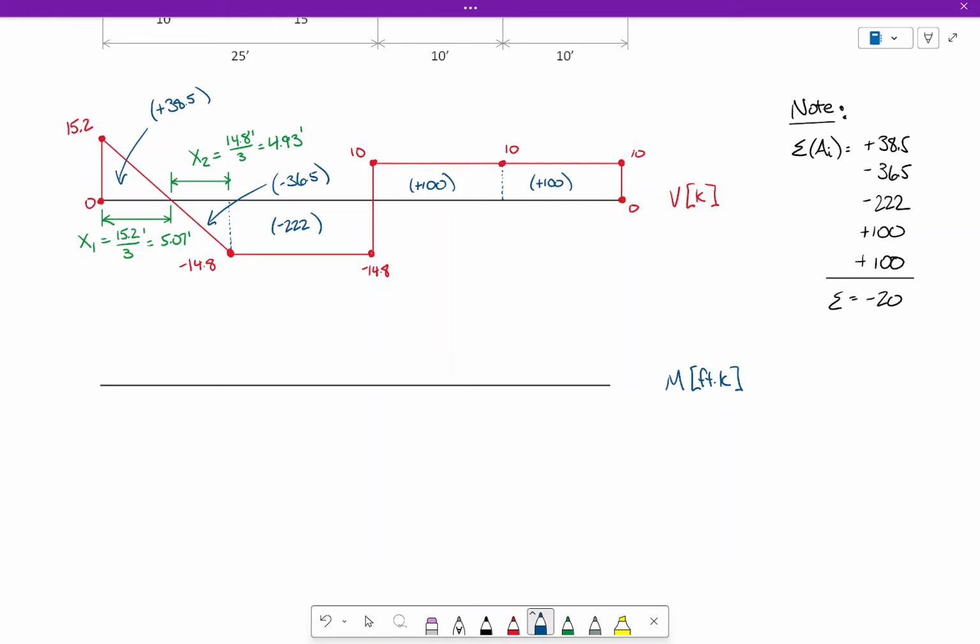The magnitude's going to be right there. So we're going to go up 38.5, down 36.5. So over here we're going to be at like 2. So it's going to do something like that.